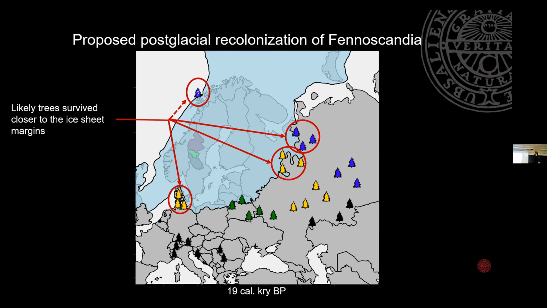So there are some places where trees might have survived. We can probably say that somewhere in the southern parts of the ice sheet there might have been spruce, because we see spruce very early appearing. In the last glacial time we can already see spruce, which should come from somewhere in the south.